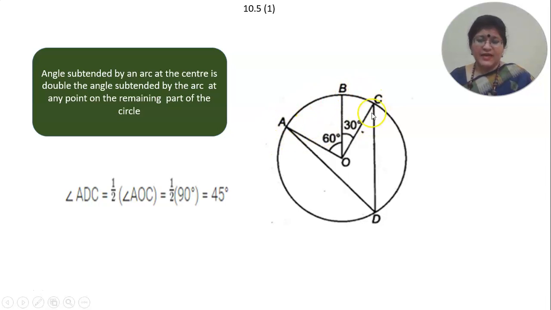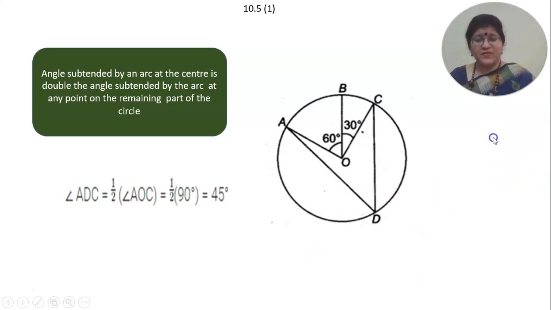Starting letter A, ending letter C, one angle here, O, which is at the center, and the other angle ADC. So the angle at the center, you notice that it is bigger. So this is 90. So obviously this angle, which is smaller, which is narrowing down, will be smaller, and it is 45 degrees.